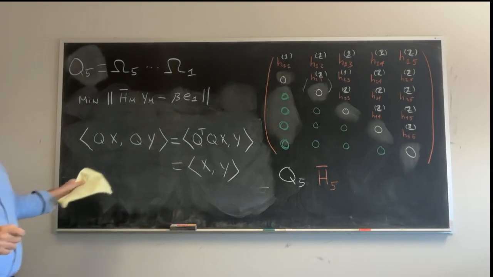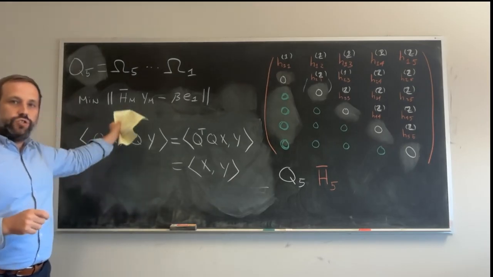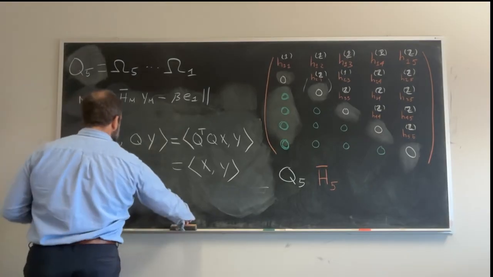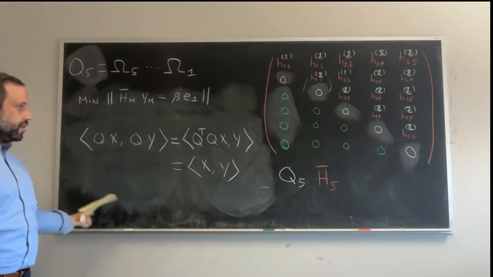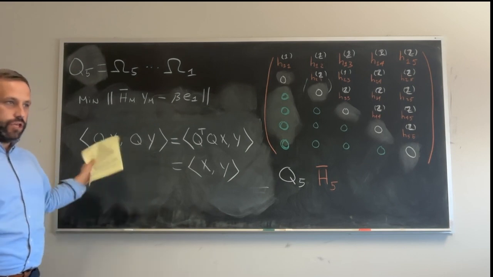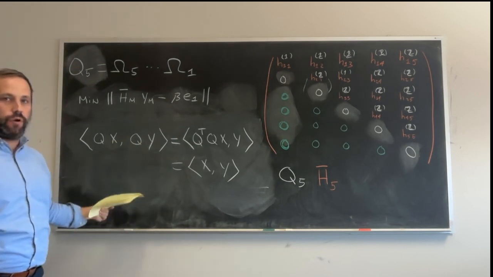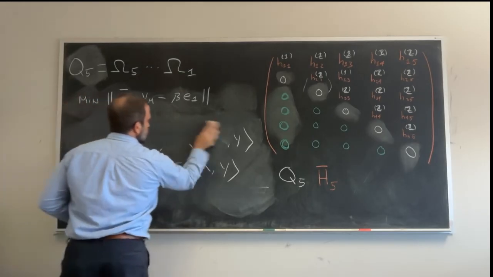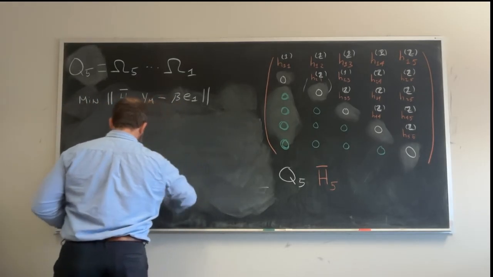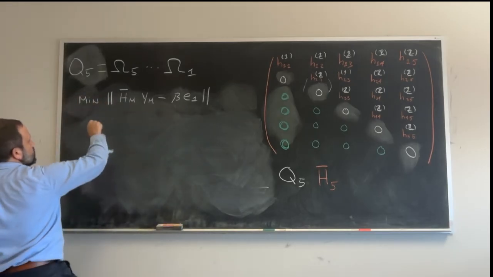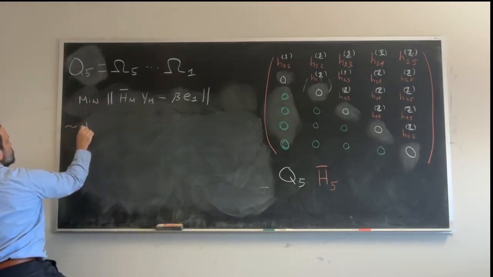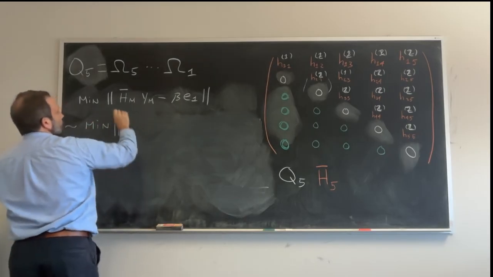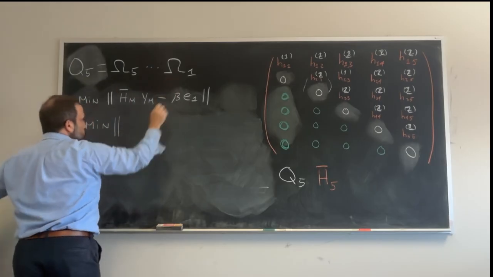Okay, but if the inner product is preserved, since this norm is based on an inner product, it means the norm is preserved as well. So in other words, since the inner product can't see the orthogonal or the unitary transformation, however you want to call it, the norm can't see it either. And so what it tells us then is that this problem here is the same as if I were to multiply in this matrix, or in the norm here, by Q5.